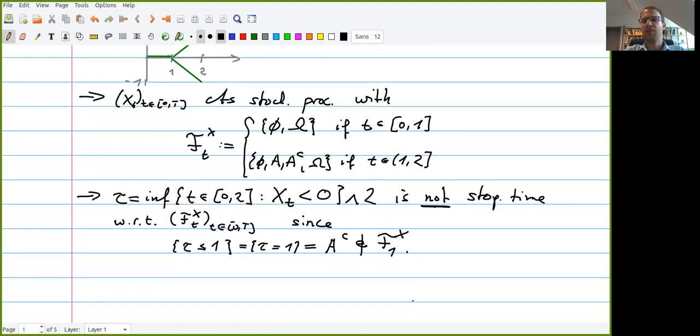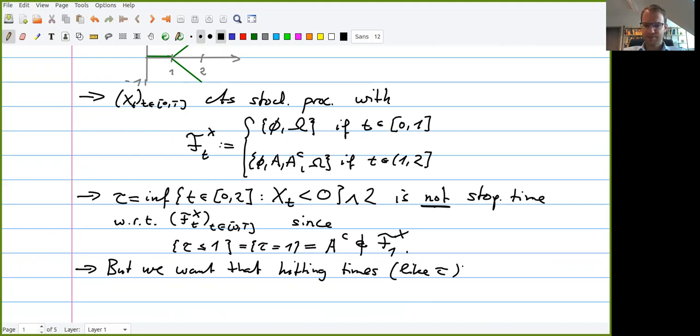And this is something undesirable, because we want hitting times of sets like this, an open set, to be stopping times, because it makes our life much easier.